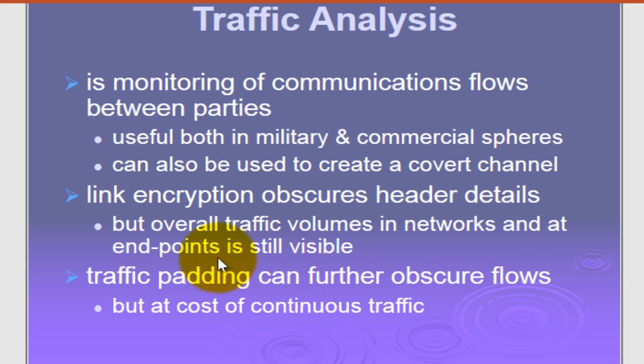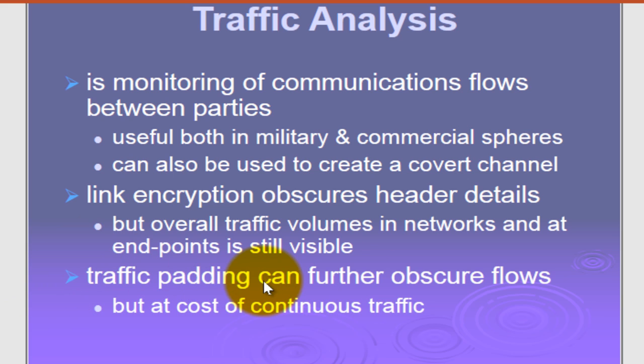So in those cases you have to do traffic padding. If you do traffic padding, it will completely obscure the flow of data. The attacker cannot even identify the length of the packet, how many packets are transmitting, or the size of the packet.